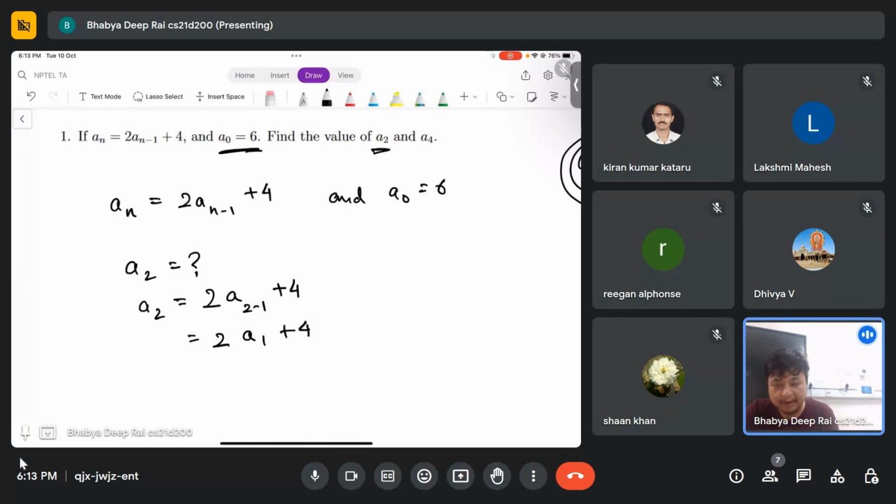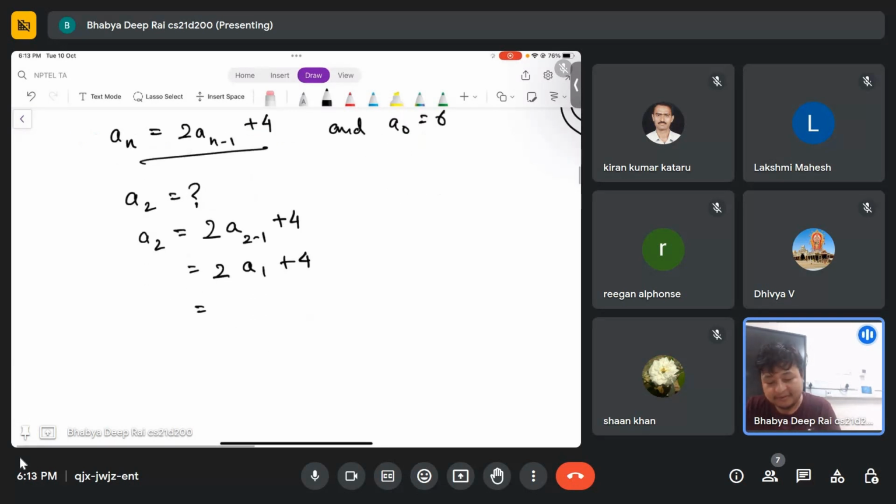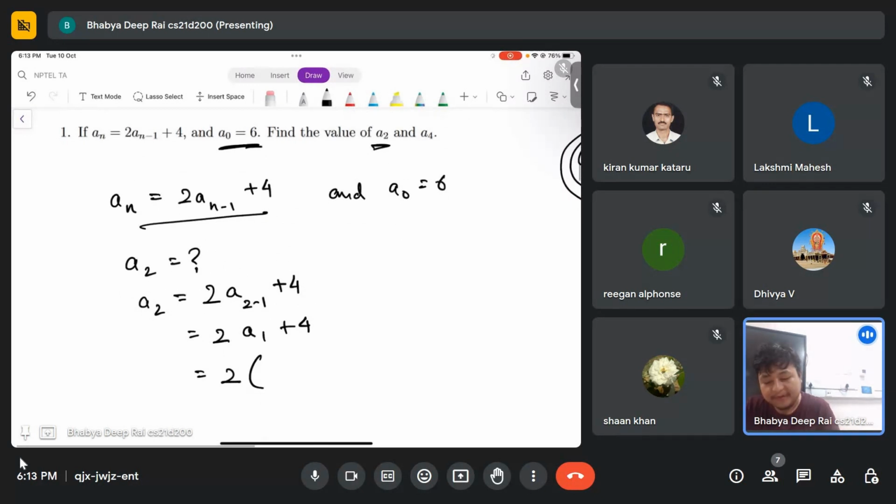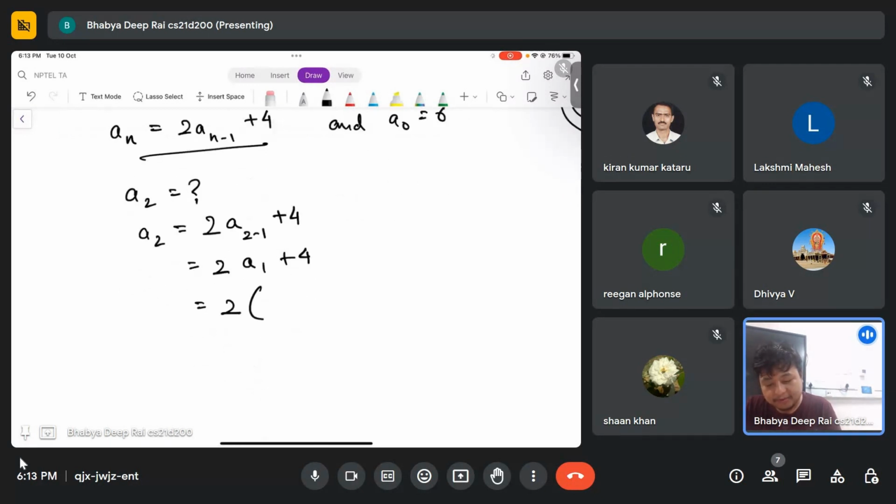Now we have another element in the sequence, so to simplify it we use this definition once again. Instead of a_1 we write 2a_{1-1} plus 4, so we get 2 times (2a_0 plus 4) plus 4. You can see that this is getting expanded.